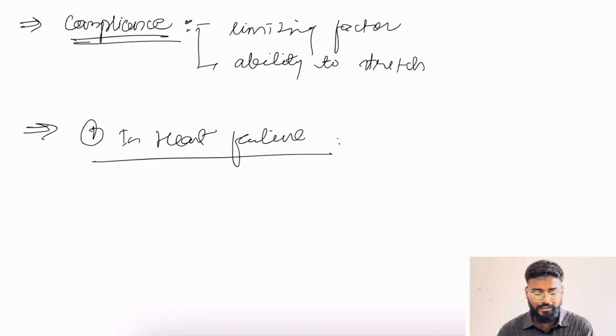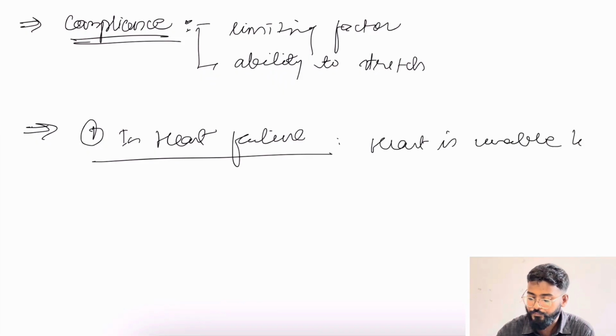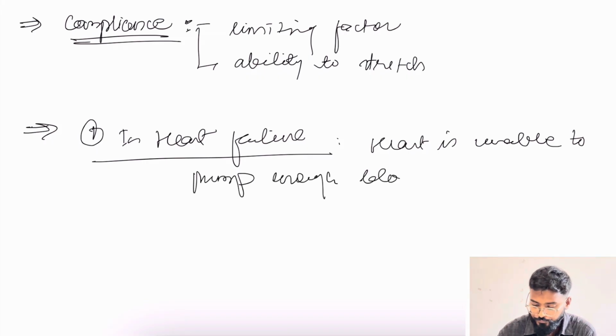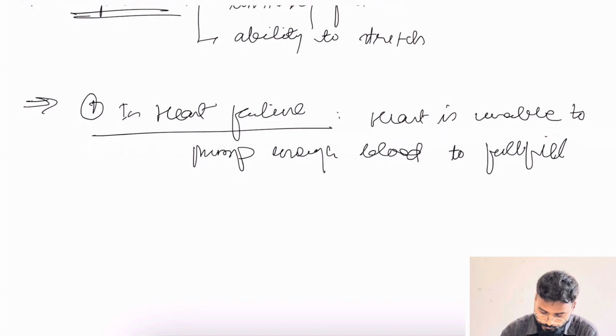To fulfill this requirement, as there is going to be decreased effective circulatory volume in the case of heart failure. So what happens in heart failure? The heart is unable to pump enough blood to fulfill the body's requirements.